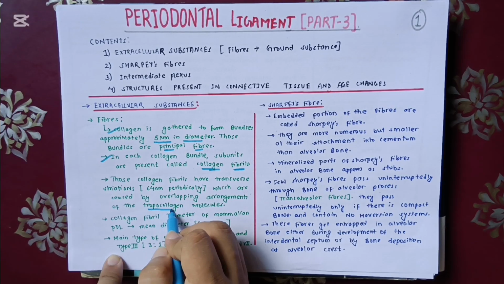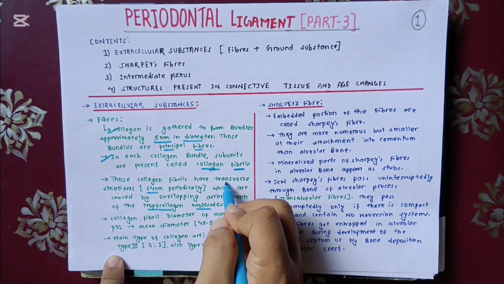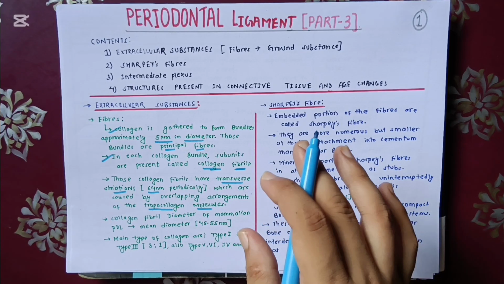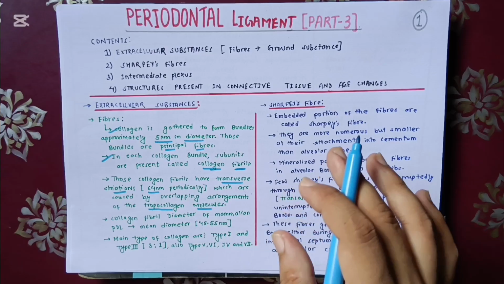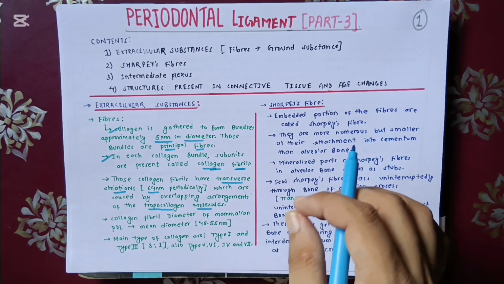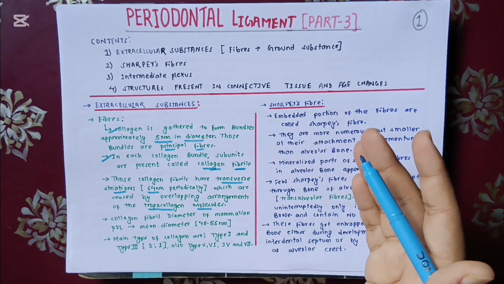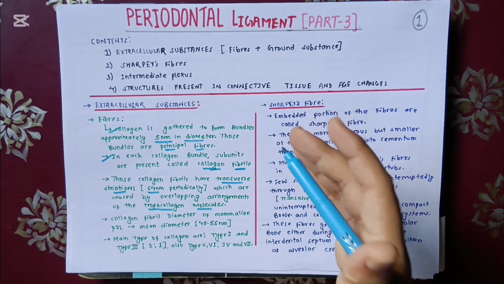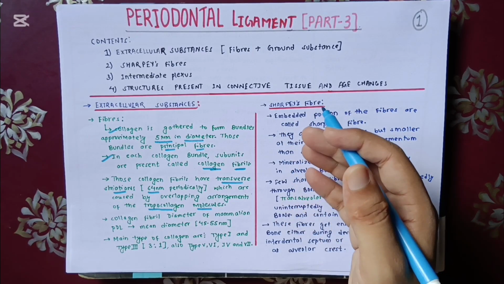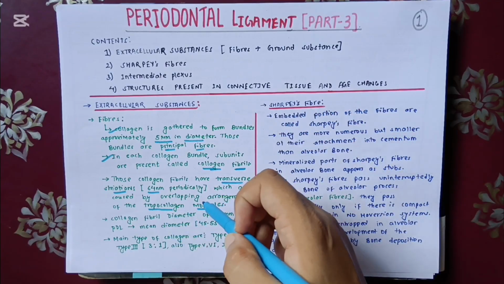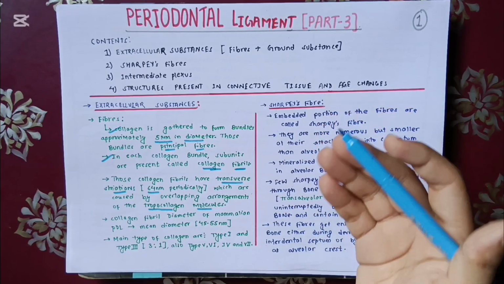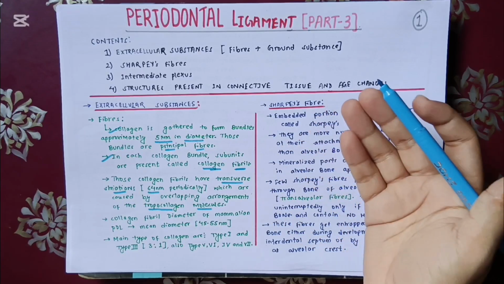From this point you should just remember these two points: there is a bundle of collagen fibers, and that bundle is called a principal fiber. Those principal fibers have subunits called collagen fibrils, and in those collagen fibrils we have transverse striations periodically at every 64 nanometer, present due to the overlapping arrangements of the tropocollagen molecules.